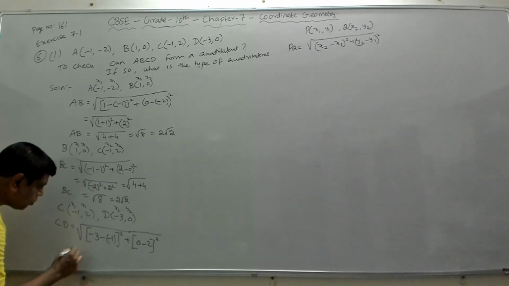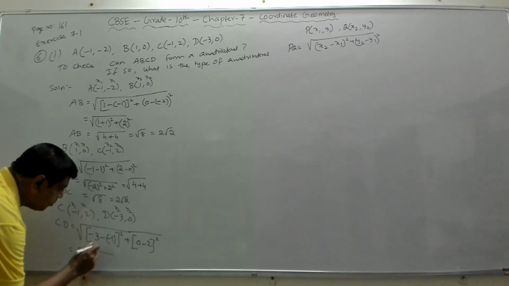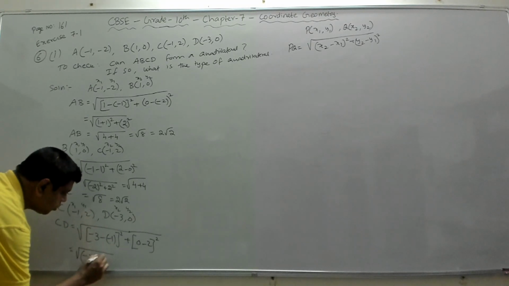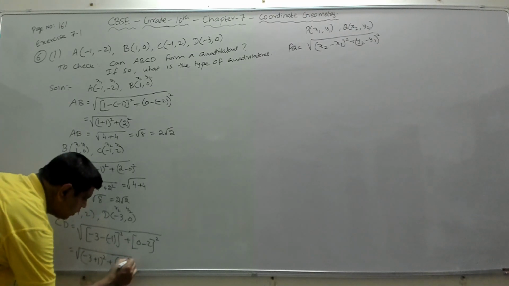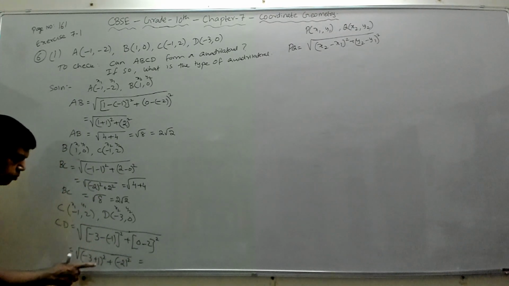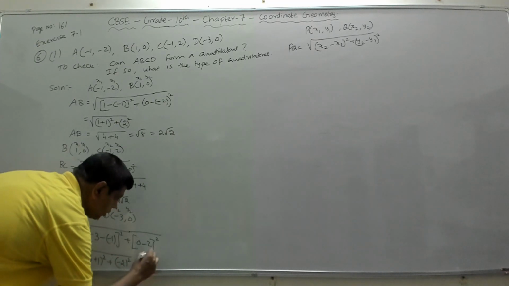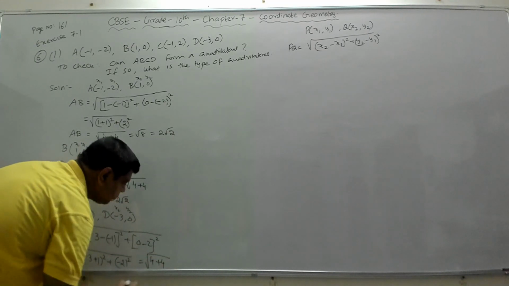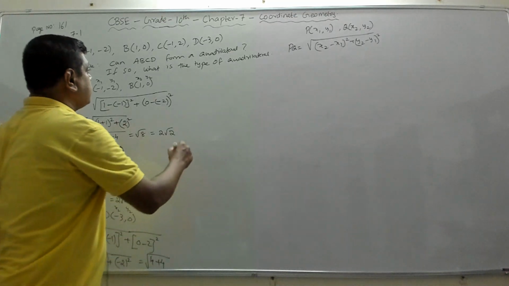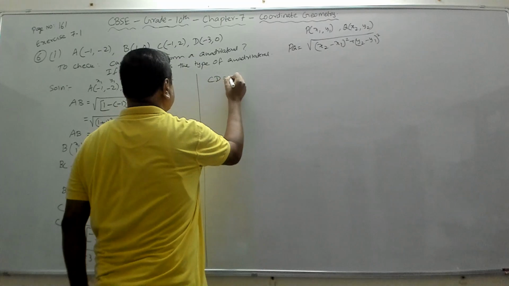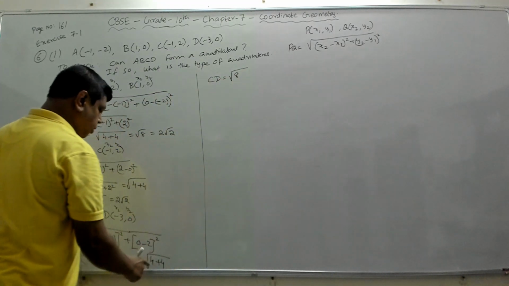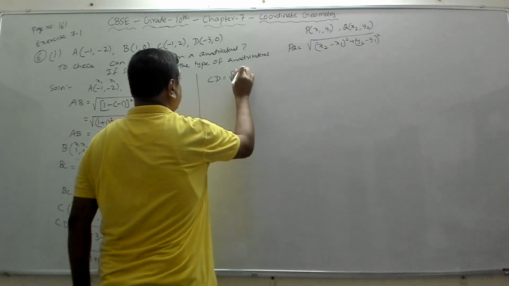That gives the square root of (minus 3 plus 1), which is minus 2, the whole square, plus minus 2 the whole square, which is 4 plus 4. So CD is the square root of 8, which is equal to 2 root 2.